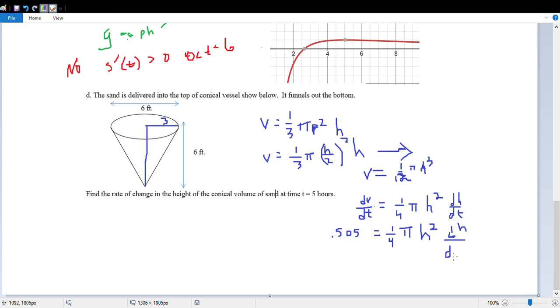All right, so we're not going to be able to get an actual numeric value here, but if we divide all this and multiply it, and I'm not going to simplify it, I'll just say 4 times 0.505 all over pi times the height squared, then we get dh/dt.